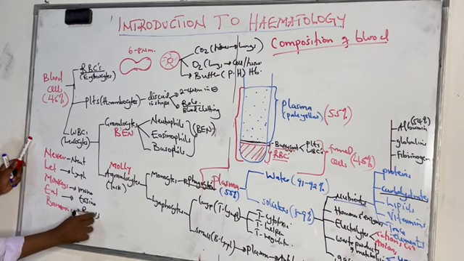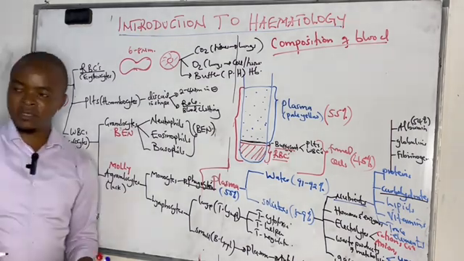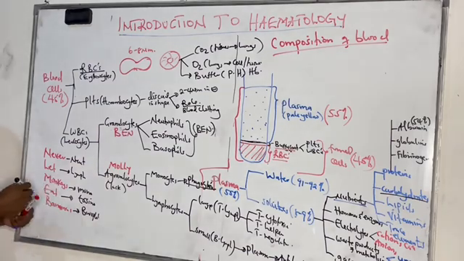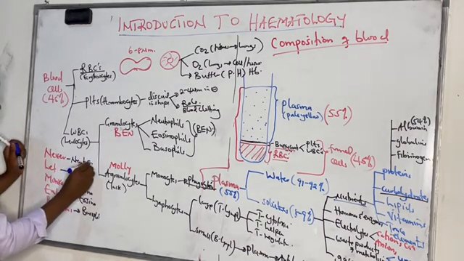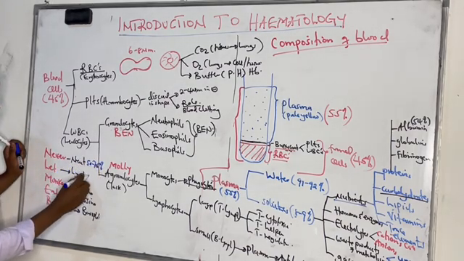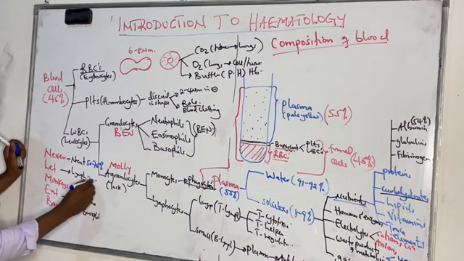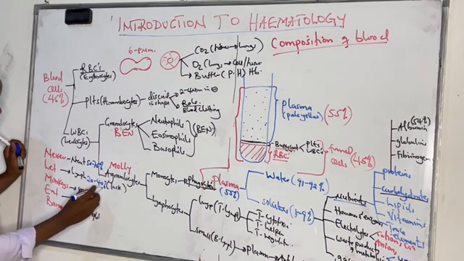That is in adults, whereby neutrophils account for 50 to 75%. Lymphocytes are 20 to 40% in adults. Monocytes are 2 to 10%.